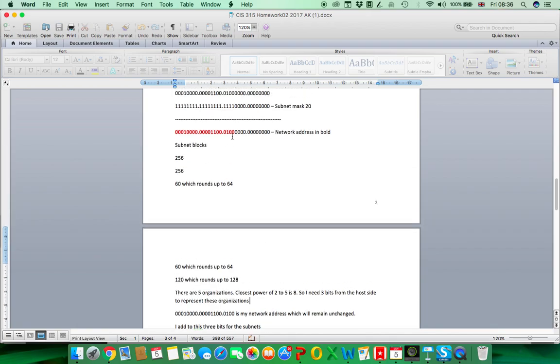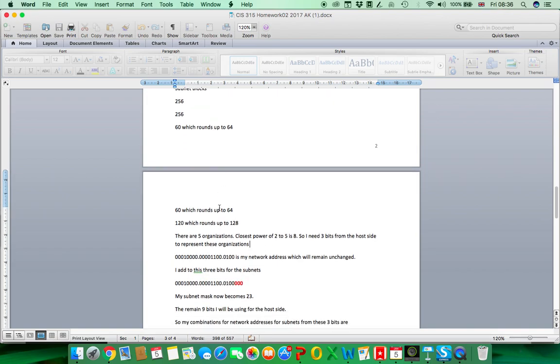Now, taking the network address from the top here, okay, this is your network address. To this network address, I am taking 3 bits from the host side, and I am allocating them as subnet bits. Okay, and this is what's happening here.